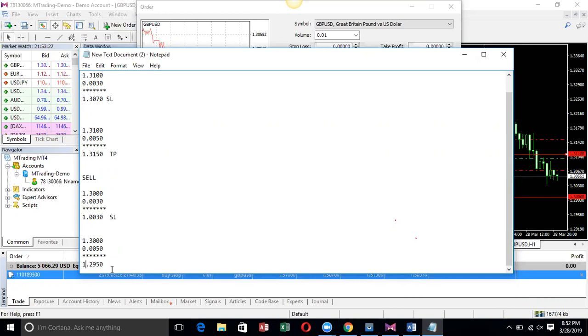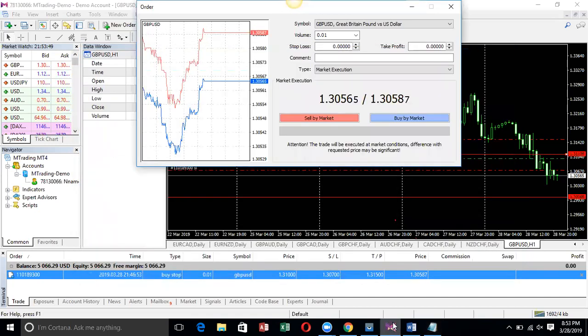So this will be our take profit. Very simple. We've gotten our stop loss and our take profit. So our stop loss is 1.3030, while our take profit is 1.2950. Okay, we'll go back to our chart.